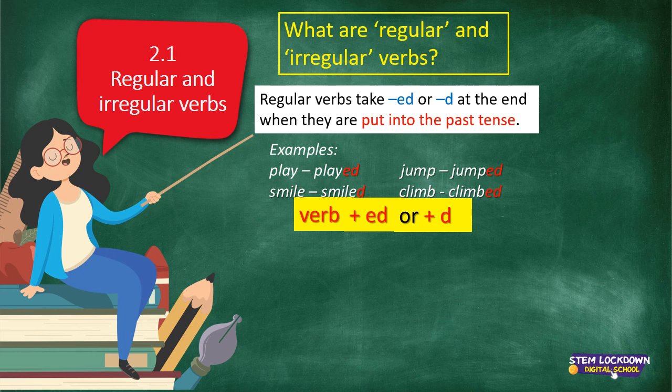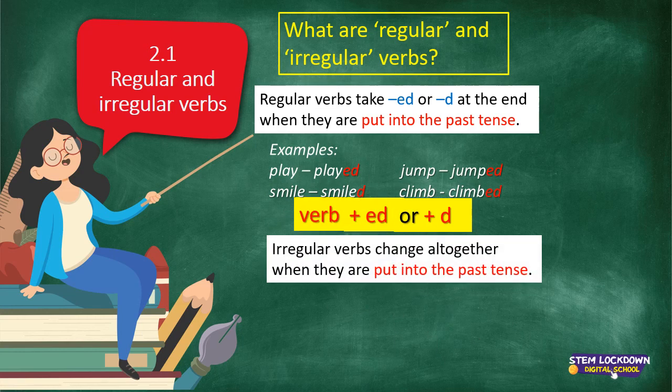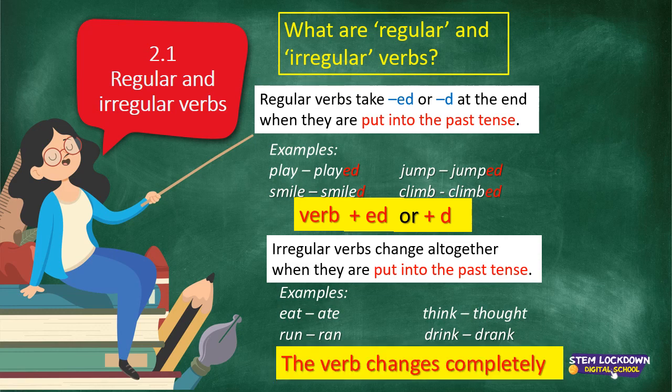You got it? Good. Irregular verbs, on the other hand, change altogether when they are put into the past tense. So, for example, eat changes to ate. Run changes to ran. Think changes to thought. Drink changes to drank. Do you see how they just change completely?